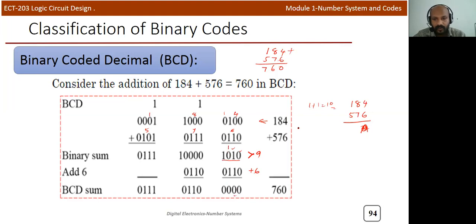So 1 plus 0 plus 1, you will get 1 0. Then 0 here. There is again 1 carry. 1 plus 1 plus 0, again 1 0. You can write 0 here and there is a carry. That carry will add to the next 4 bit, the carry generated after adding the 6.